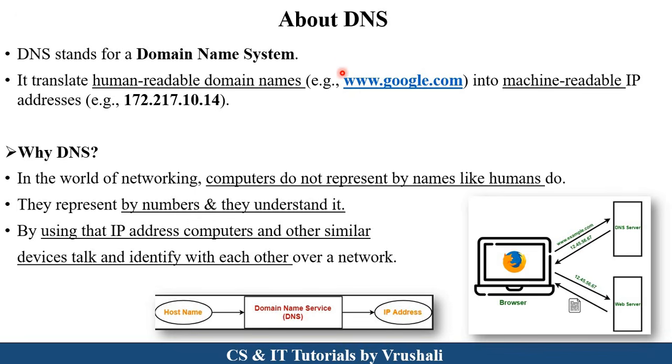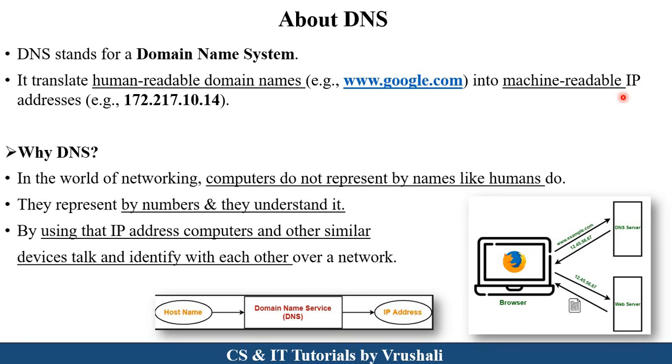So DNS converts this domain name into the machine readable format, which is called an IP address, like 172.217.10.14. So this is the work of DNS, which converts your host name into the IP address format, which is understandable by the machine.